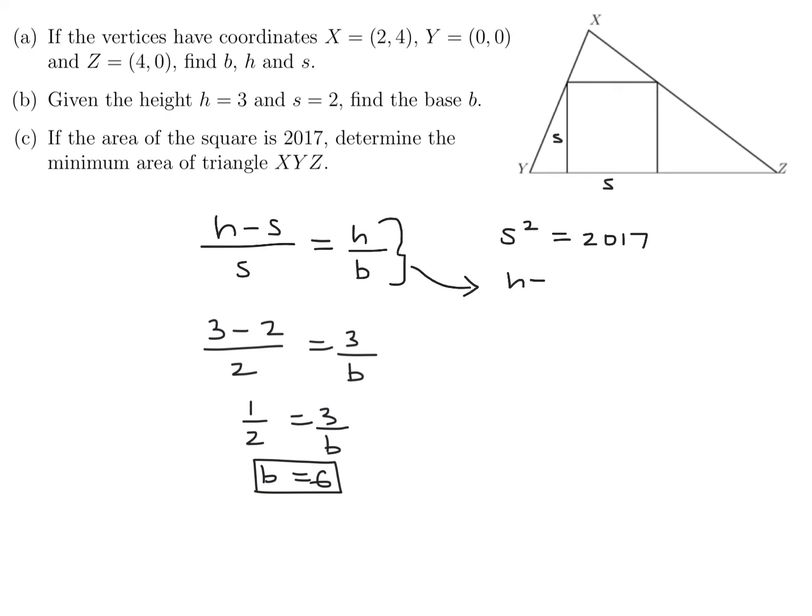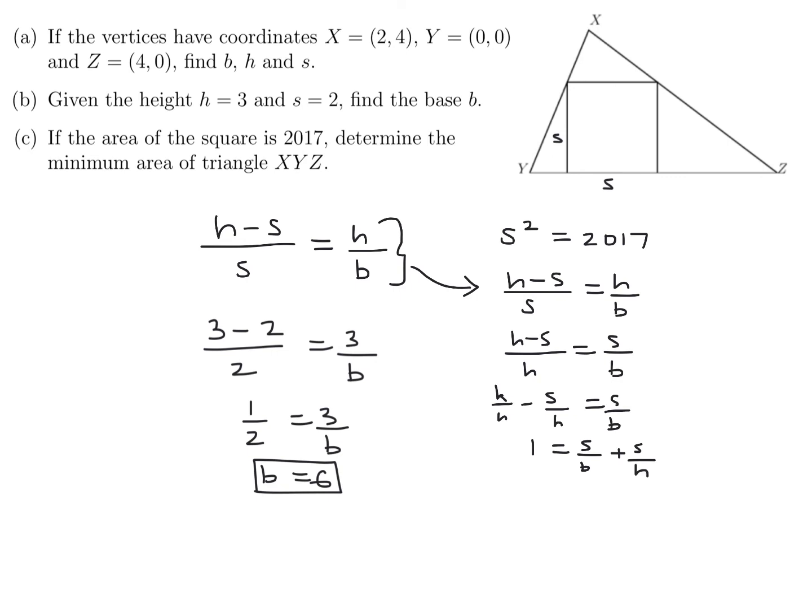So I've got (h minus s) over s is h over b. First, let me bring this h down into the denominator and the s in the numerator by cross multiplying like that. This breaks up into h over h minus s over h, and this is s over b. This is 1, and bring the s over h over like that. And now get a common denominator, h, h, b, b.